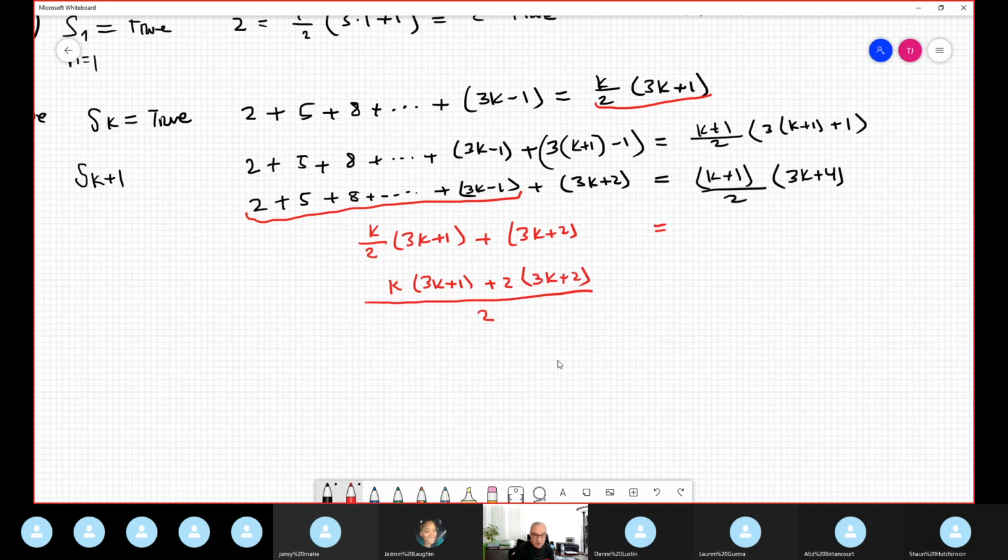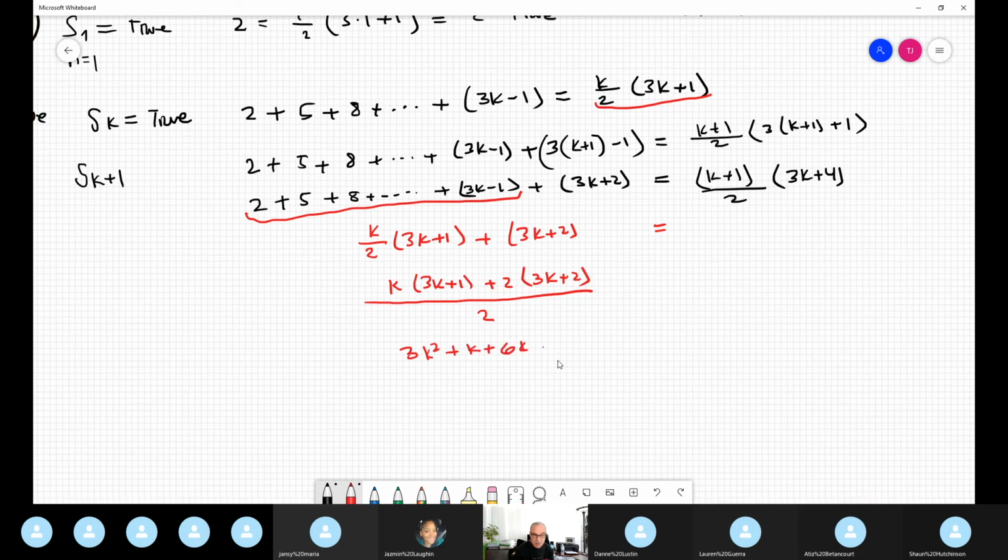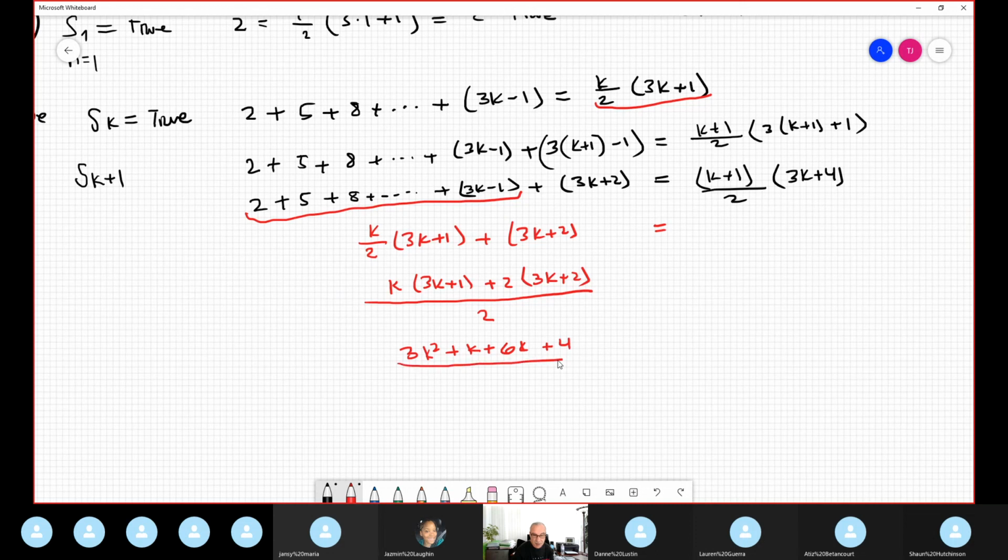Now we have 3k squared plus k plus 6k plus 4, divided by 2. We have (3k squared plus 7k plus 4) over 2.